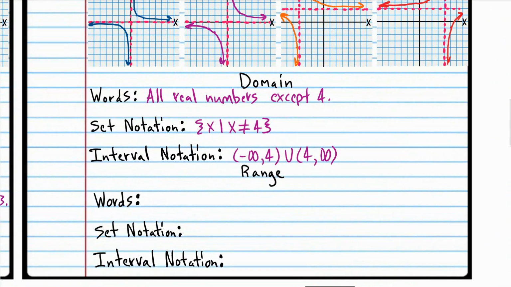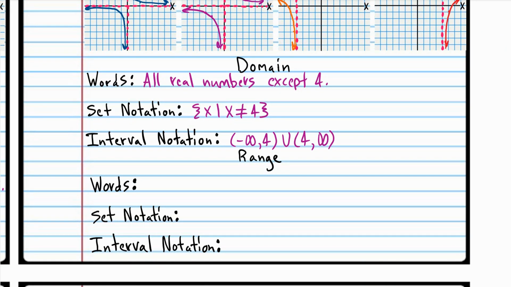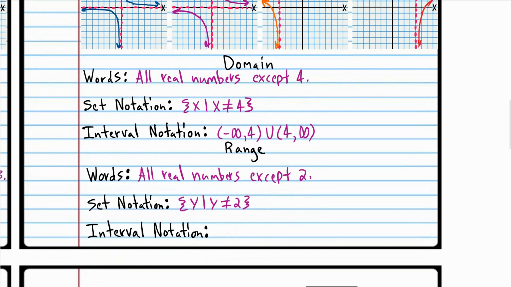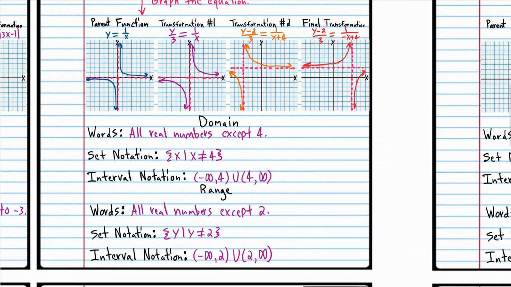So the range is all real numbers except 2, the set of all y values such that y is not equal to 2. And in interval notation we write negative infinity, comma 2, union, 2, infinity.